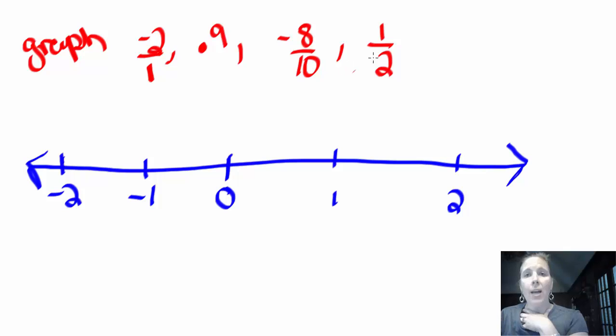Well, 1/2, okay, that one shouldn't be too hard. It's between 0 and 1, right in the middle, right? So we have 1/2 right there. Well, let's look at -8/10. If we reduce that, we could divide by 2, so it would be -4/5.